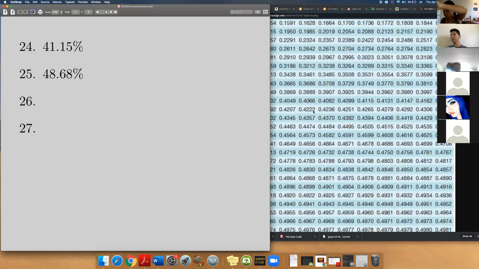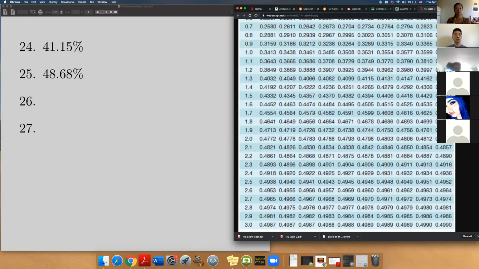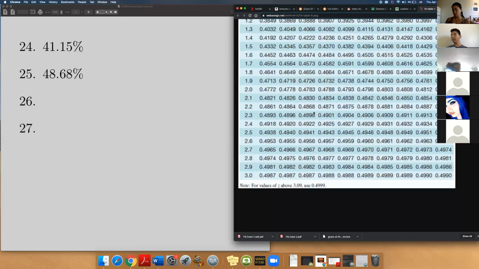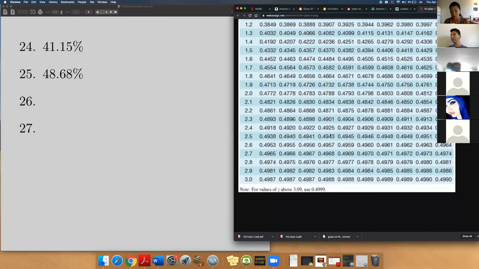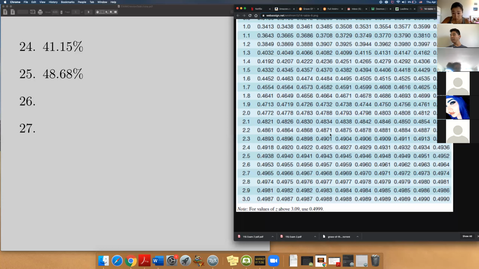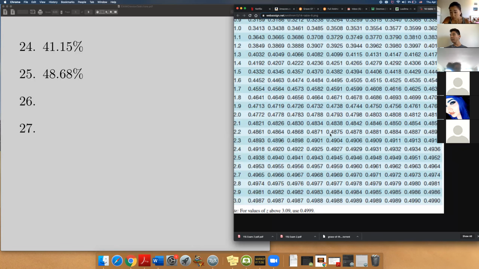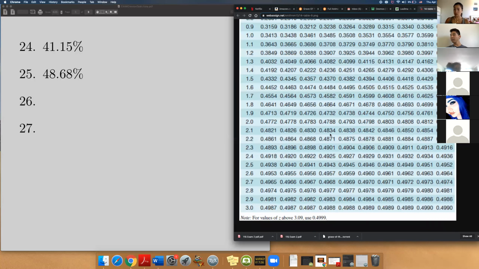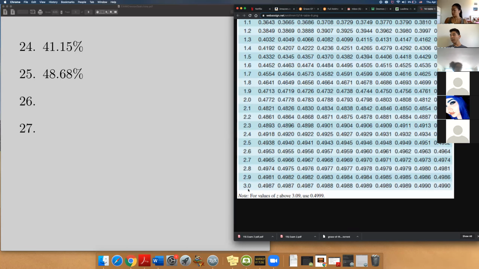And 26 was 3.08, right? That's right at the cusp of our table. 49.90%. Yeah, 3.08 is right there.